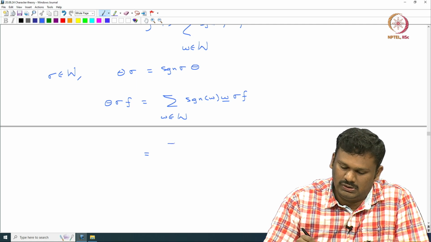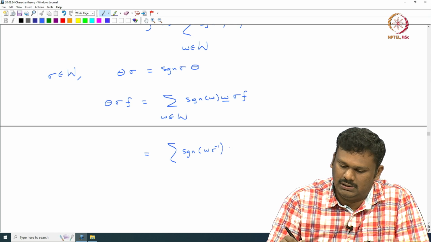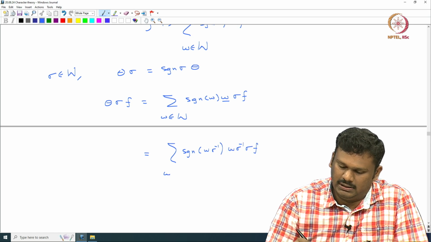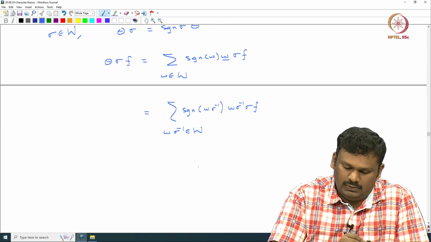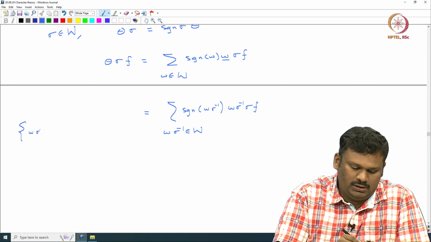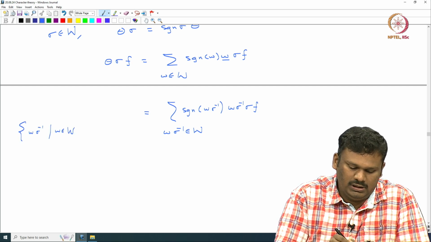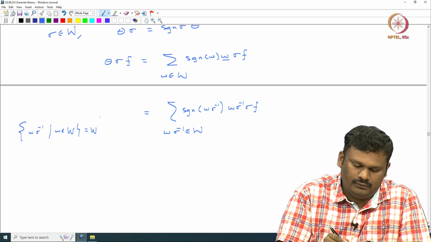So, there is no issue. So, summation sine of w sigma inverse, w sigma inverse sigma f. So, then it again runs over w sigma inverse in W. Note that when you take w sigma inverse in W, this is the same as w in W, because we are working in the group.